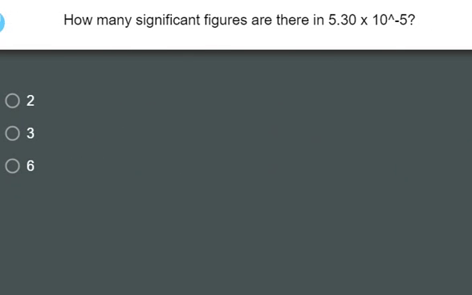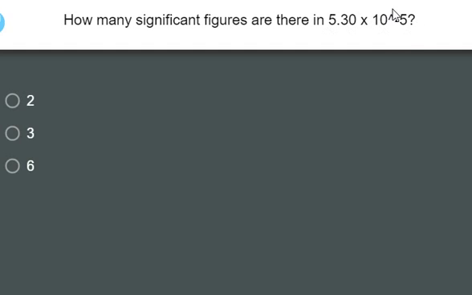The next one, how many significant figures are in 5.30 times 10 to the negative 5th? When we write a number in scientific notation, the only numbers that are significant are right here. So these are really easy to pick out. They're always going to be whatever the digits are in front of the times 10 to the whatever.